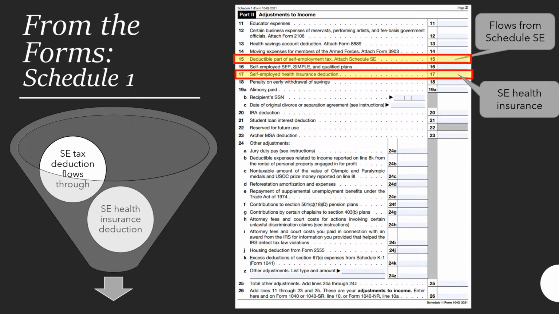Because again, an employee, if they are purchasing health insurance, or if their employer is paying for health insurance for that person, then the cost of that insurance is not included in that employee's income. And so again, keeping a level playing field as much as possible between our self-employed individuals and employees, we're going to allow the self-employed individuals to have an adjustment to their income.